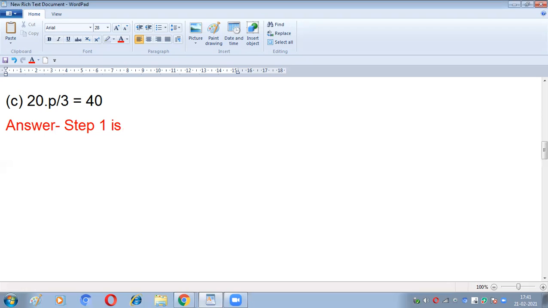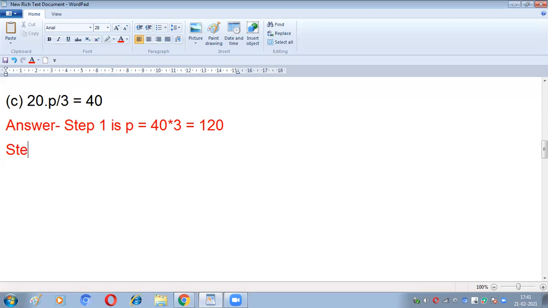The variable is p. So p is equal to 40 multiplied by 3. In the right hand side, this will be in multiplication form. So 40 multiplied by 3 is equal to 120, not 30, 120. So this was our first step.